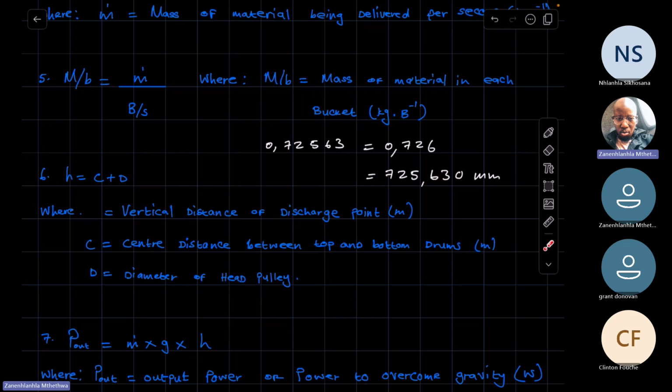And then when you have to use this diameter to calculate anything like, say, the height, instead of using 0.726, you would instead use 725,630, and then converting this to meters, you would say times 10 to the negative 3.